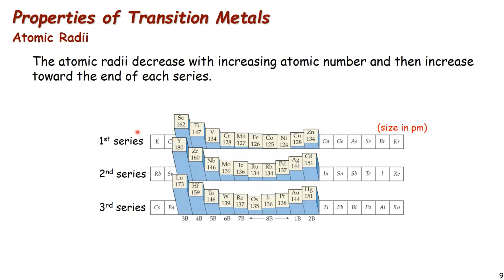Now, atomic radii. So we've talked about this before, right? So the atomic radii, even though the number of electrons is increasing as we go from left to right across the periodic table, so is the number of protons in the nucleus. And we talked about the effective nuclear charge in Chem 110. That's because only the filled shells shield the valence electrons.